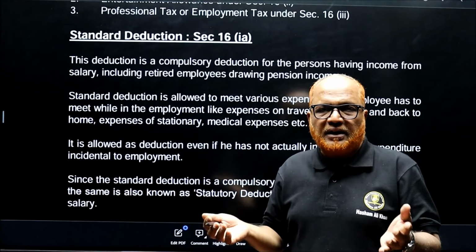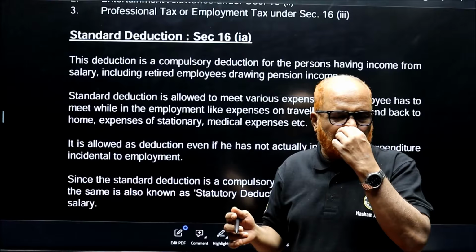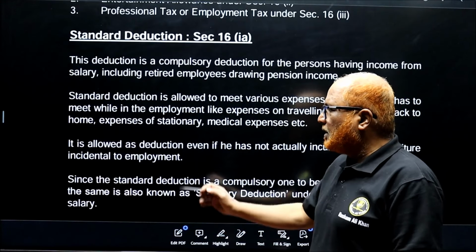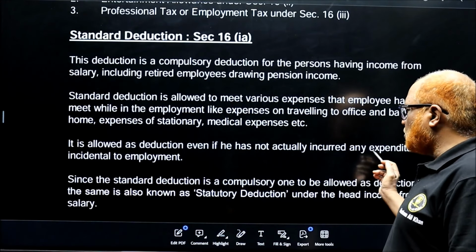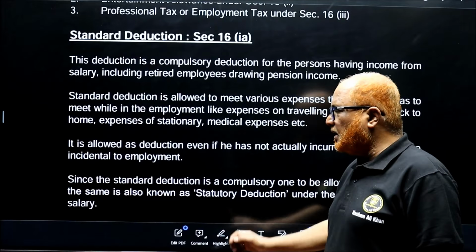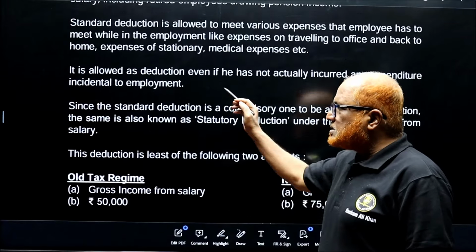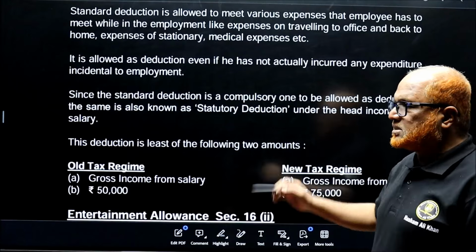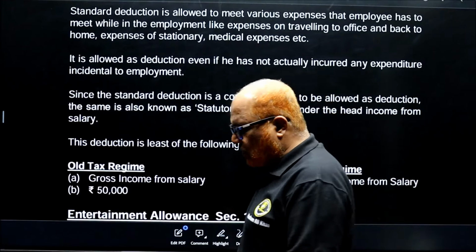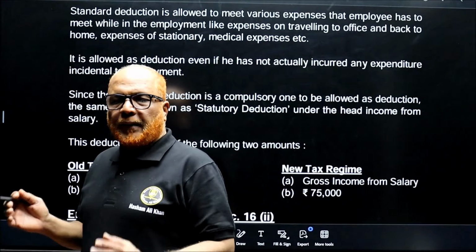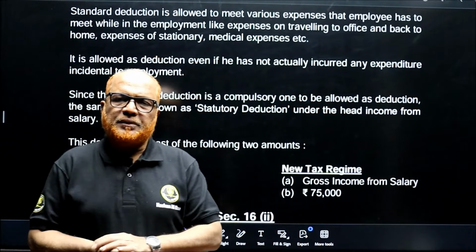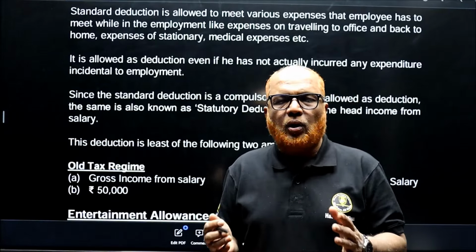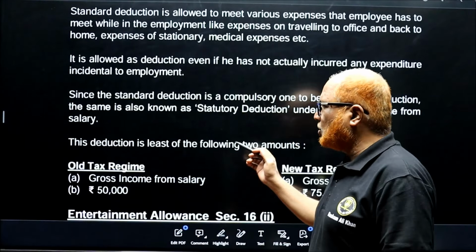Whether the person has met that expenditure or not is immaterial. Compulsorily, every person will get standard deduction. It is allowed as deduction even if he has not actually incurred any of the incidental expenditure. Since standard deduction is compulsory, it is known as statutory deduction. Because every employee will get it, we can call it statutory deduction also.